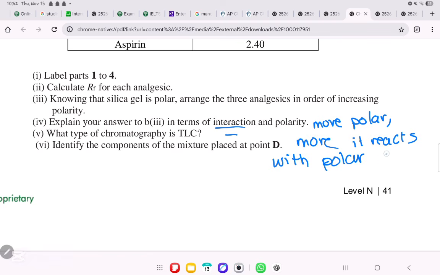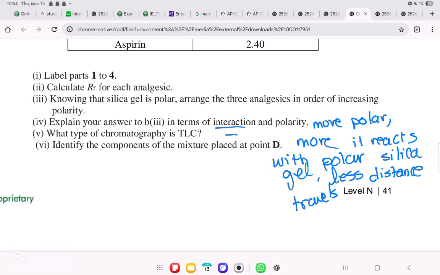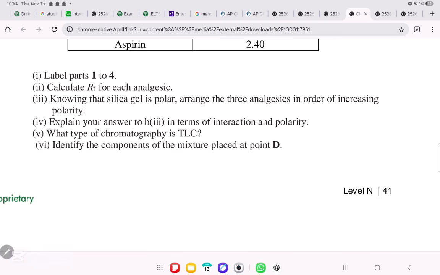And the more it reacts with the polar silica gel, the less distance it travels. Okay, so this is very, very important. In the exam, if it comes to you to arrange based on order of increasing polarity, remember, the more polar, the less distance it travels. Why? Because the more polar it is, the more it reacts with the polar silica gel, and the less distance it will travel. Okay, now we'll move on to part V.